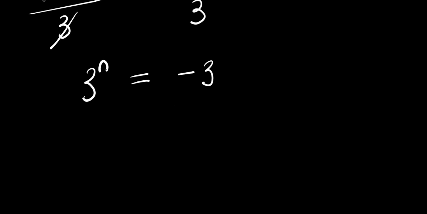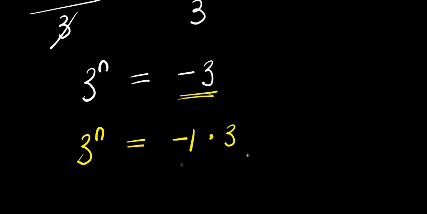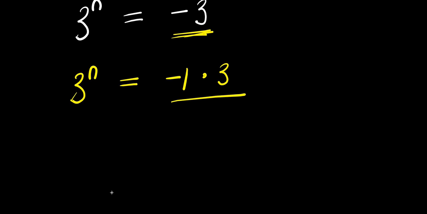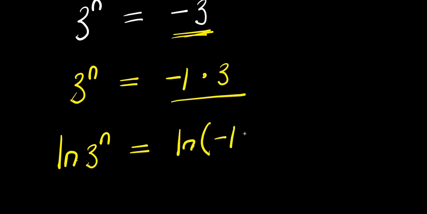So right now, what we are going to do will be to solve this. But before then, this -3 here, I can have it as 3 power n equals -1 times 3. -1 times 3 is just -3. So I can then apply natural log of 3 power n equals natural log of -1 times 3.